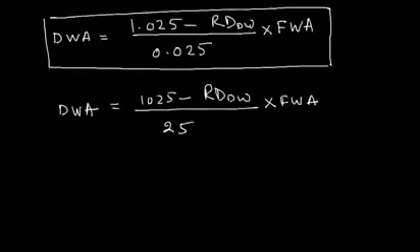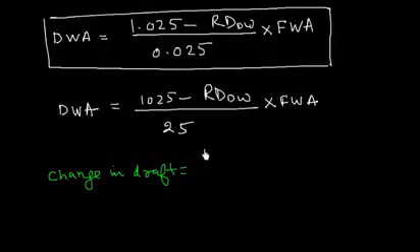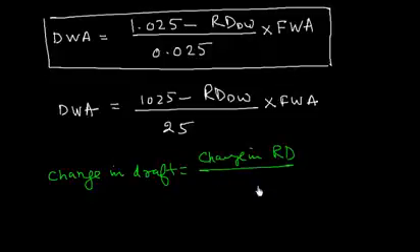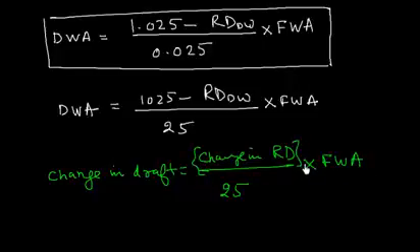Well, dock water allowance is nothing but change in the draft. So sometimes I may write the formula like this: change in draft is equal to change in relative densities divided by 25 or 0.025 multiplied by freshwater allowance. And this change in the densities is in multiple of 1000.